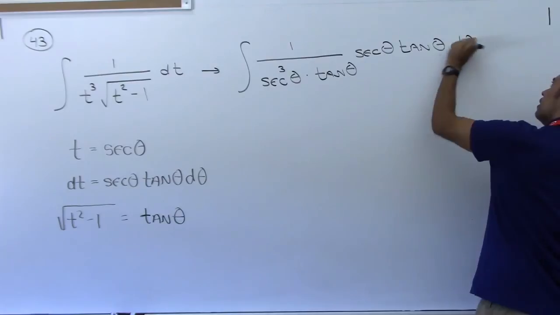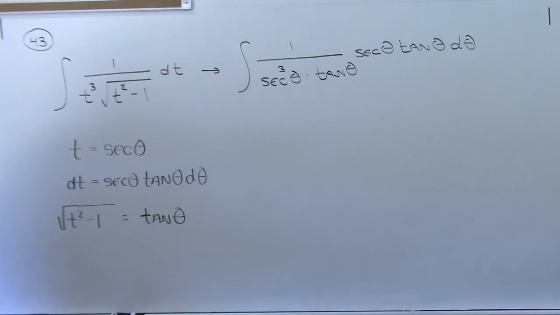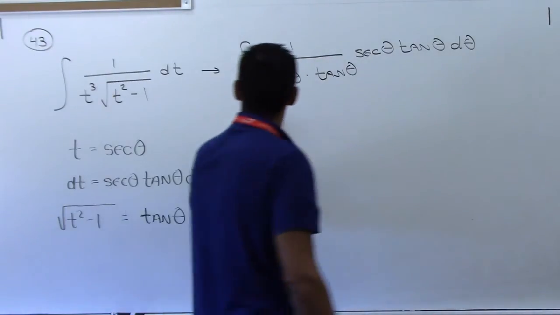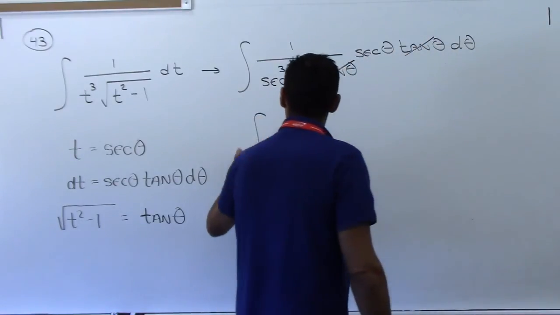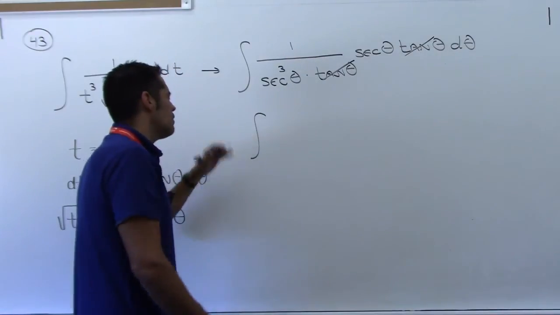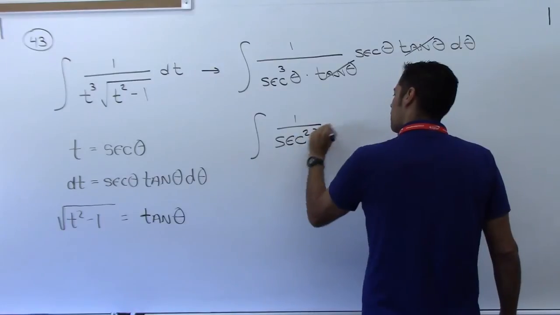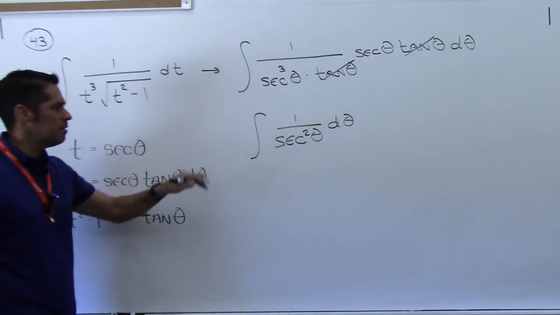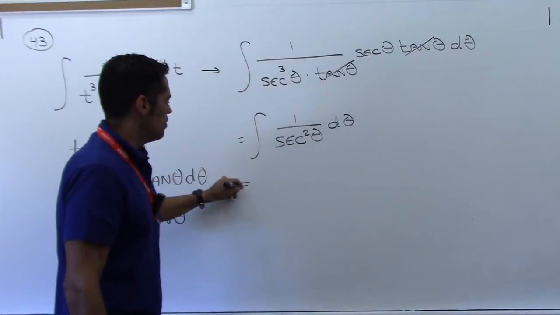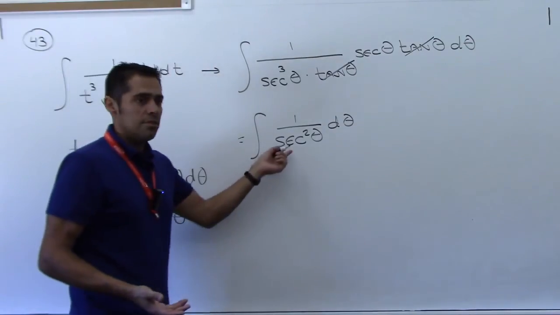What is 1 over secant the same as? Cosine. So everyone's good with that, right? So 1 over secant is the same as cosine. So this is just cosine squared.